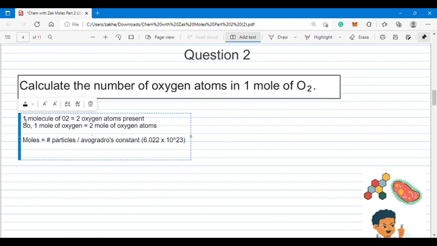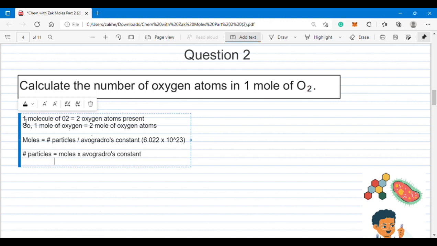So now we're going to transpose and make the number of particles the subject of the formula, and we're now going to say moles times Avogadro's constant.